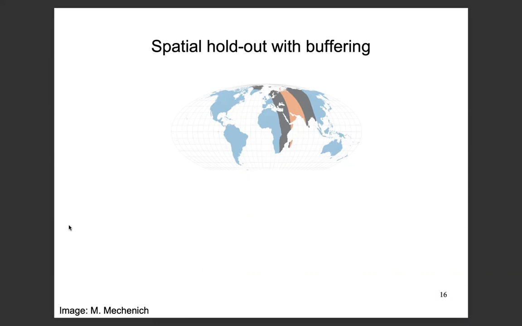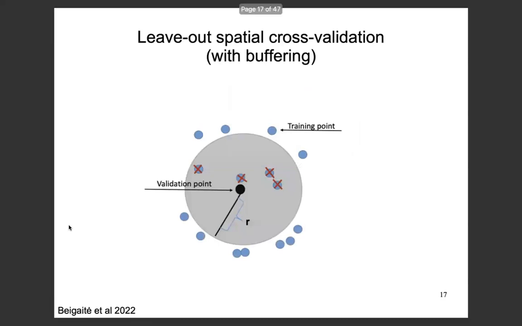How far and how large buffers should be is again a matter of empirical reasoning and testing, and it can be different, but the principle is to isolate training and testing folds. Leave-one-out can also be done in a similar way.